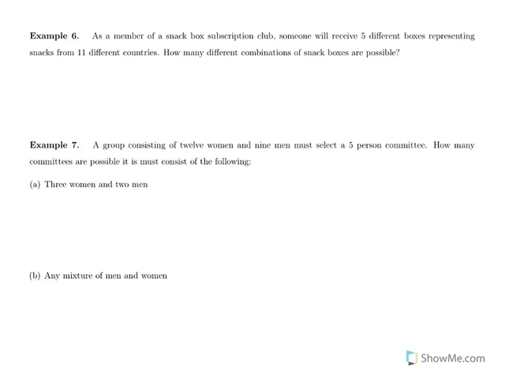Here, we have without replacement, as you're not going to get the same box twice. That would not be very nice. And here, order is not important, because we just want to see how many different combinations. I don't care when they come in, but I want to know what 5 countries I am going to receive.